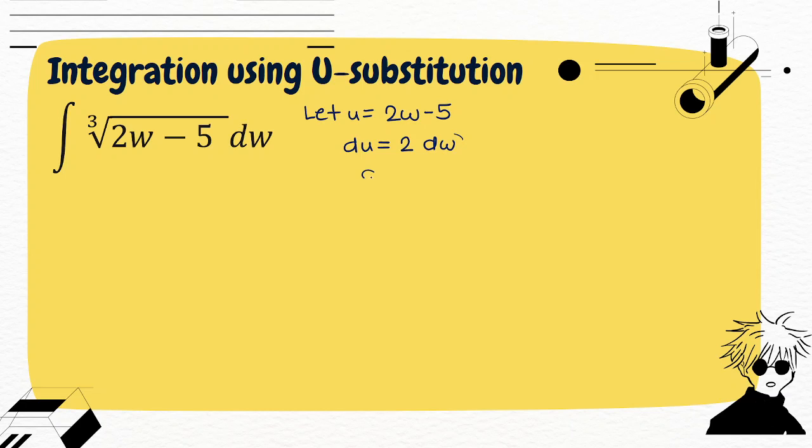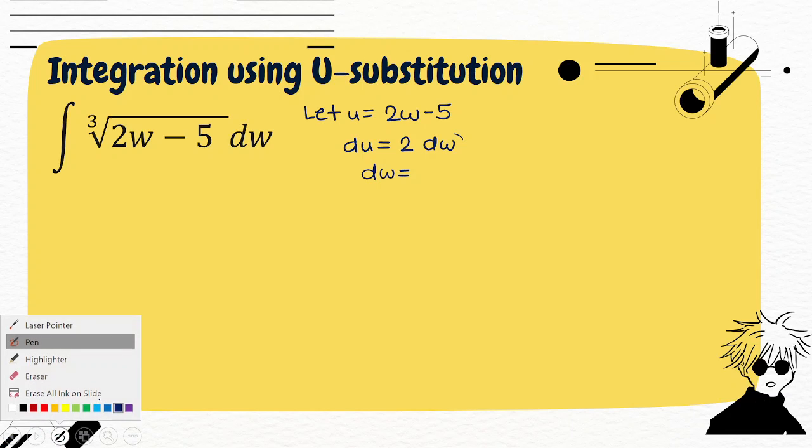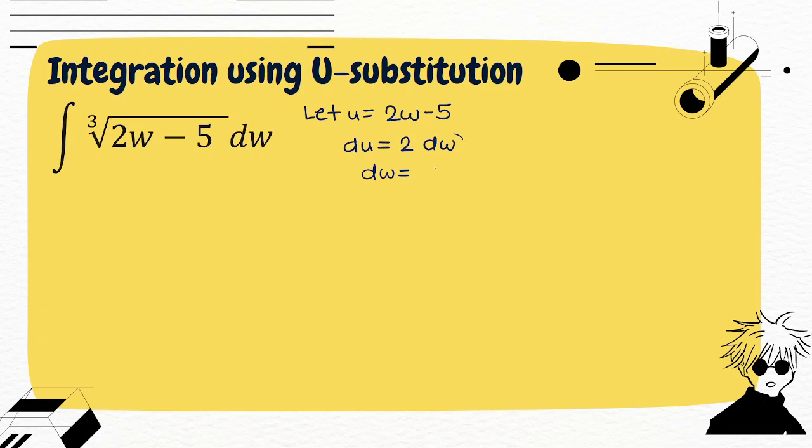So, anong sagot? dw equals du over 2. So, ano mong gagawin? Isulat mo yung simplified form niya. Cube root of u, what is dw? du over 2, di ba? Then, tsaka mo siya i-simplify.